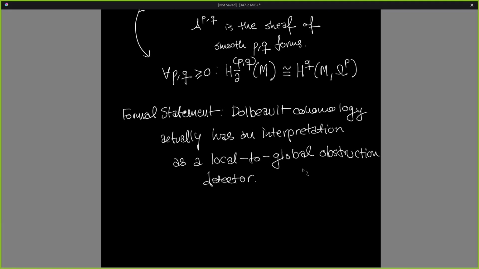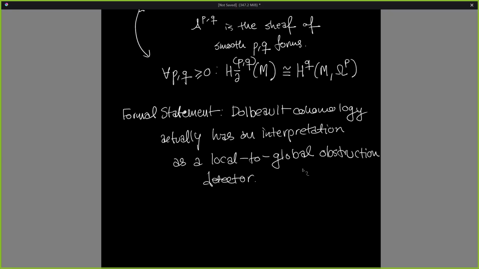And in the case of de Rham's theorem, the singular cohomology is also telling you the same thing. The singular cohomology is about chains and holes, and it tells you that the de Rham cohomology groups are detecting holes in your topological space. So that's where de Rham's theorem and Dolbeault's theorem come into play.